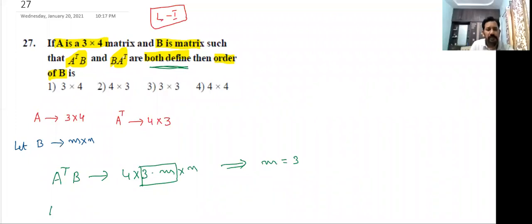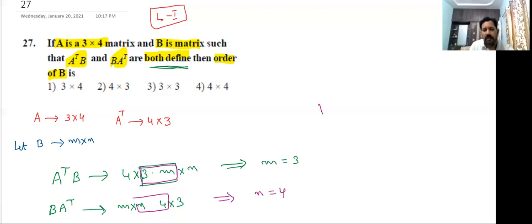Next, B into A transpose. B means what is the matrix order? M by N. A transpose matrix order 4 by 3. The matrix multiplication exists when these two are equal. By observing this case, what is the N value? 4.